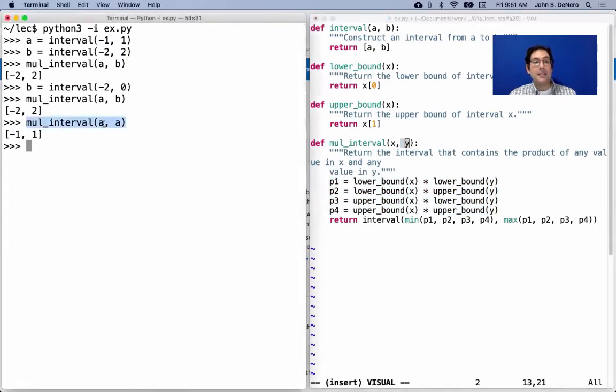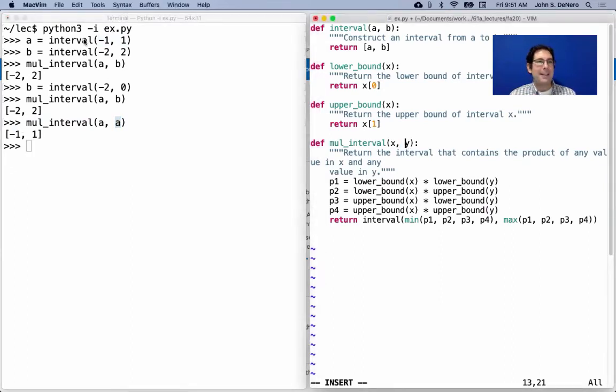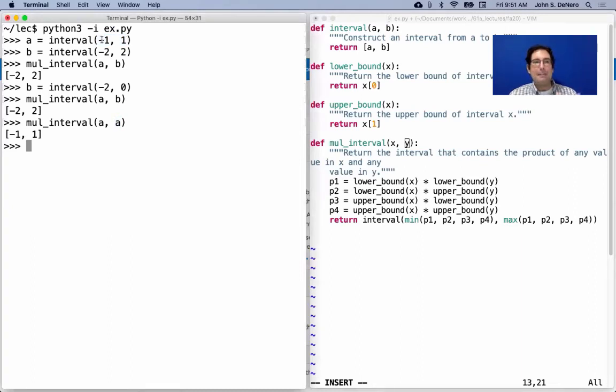But in fact, if these are the same interval, they're really referring to the same number. You don't happen to know what it is, but it can't be different for the x and the y. It couldn't be that some number which is between -1 and 1 is both -1 and 1 at the same time. That's not what intervals are. Intervals are about one number and we don't know what it is.